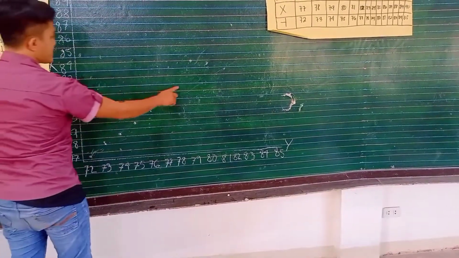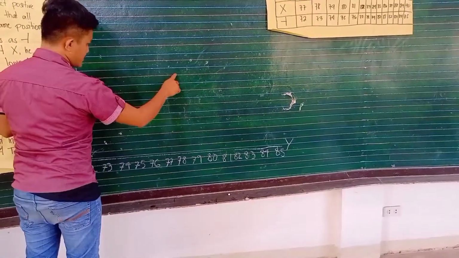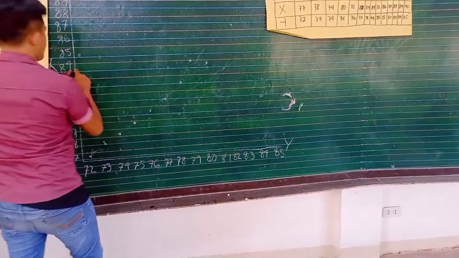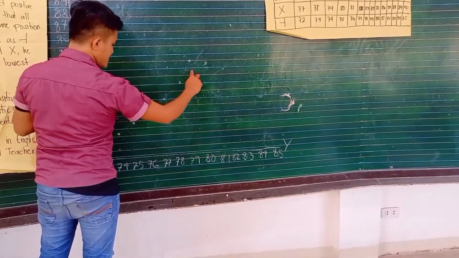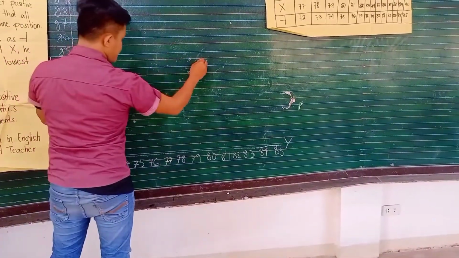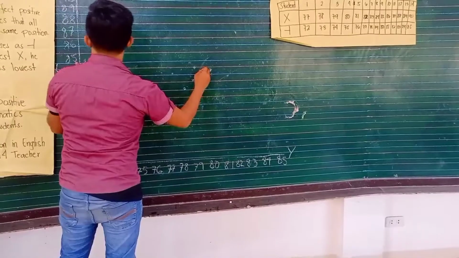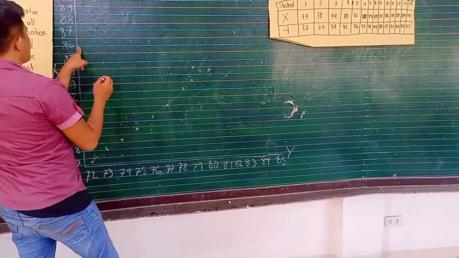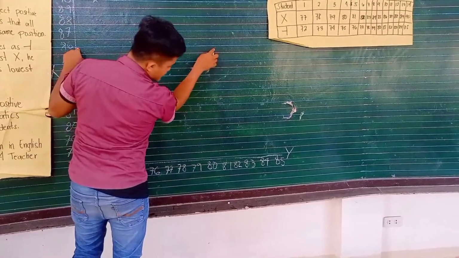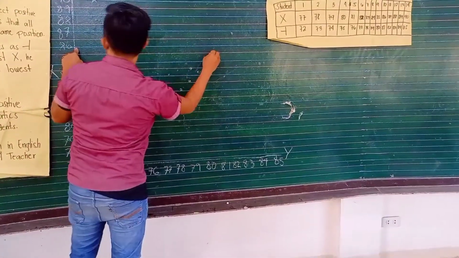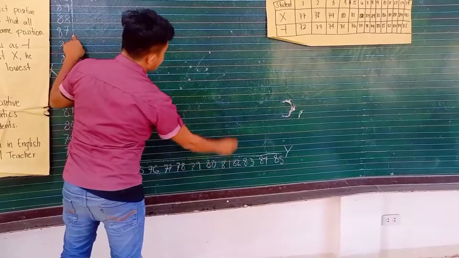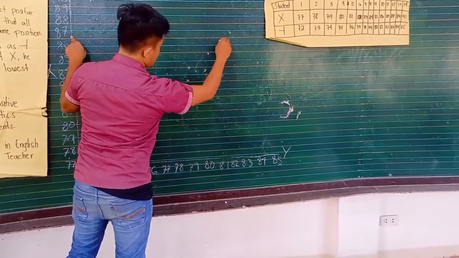83 and 78. 84 and 79. 85 and 80. 86 and 81. 87 and 82, straight down.